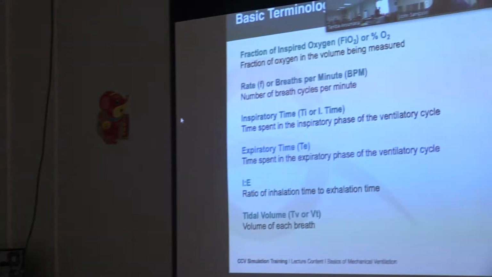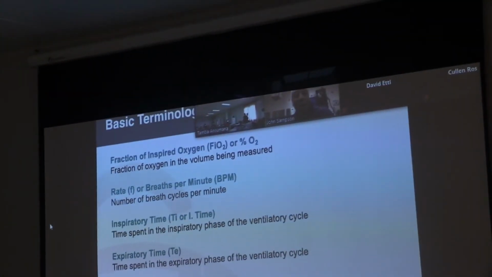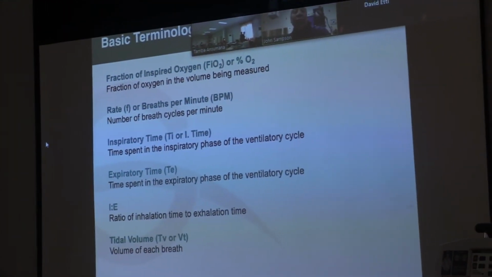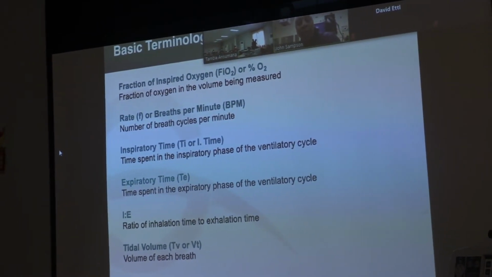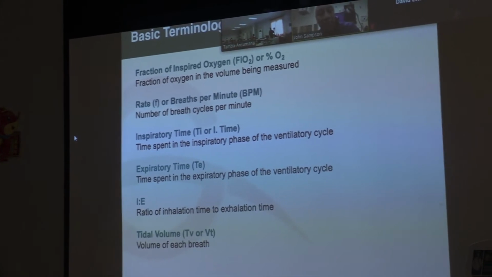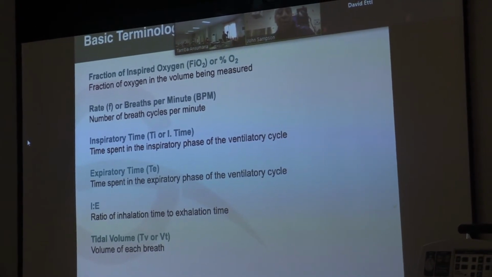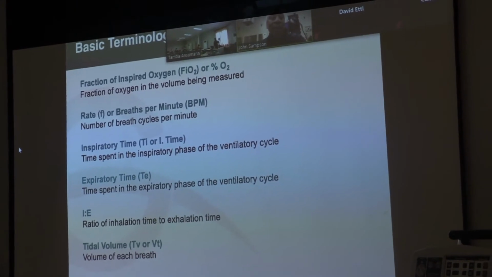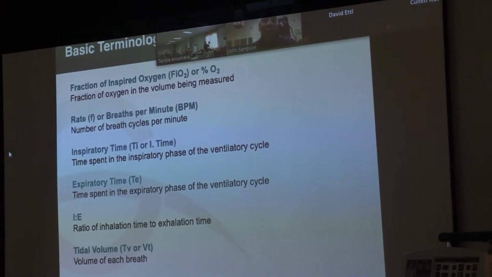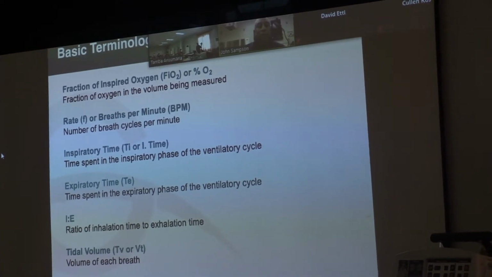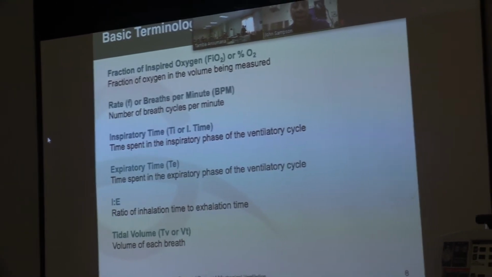So obviously when you're getting a breath, either you're breathing spontaneously or it's a ventilator, there's a certain portion of that breath which is the inspiratory time, and a certain portion of that breath which is the expiratory time. And there needs to be a balance, and that balance is called the I to E ratio, the ratio of inhalation time to exhalation time.